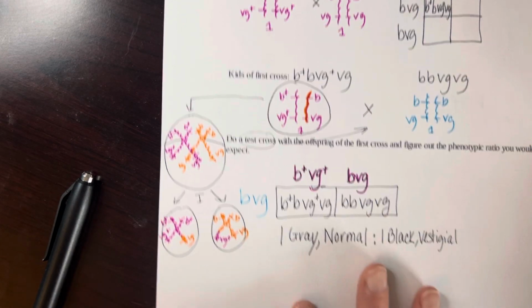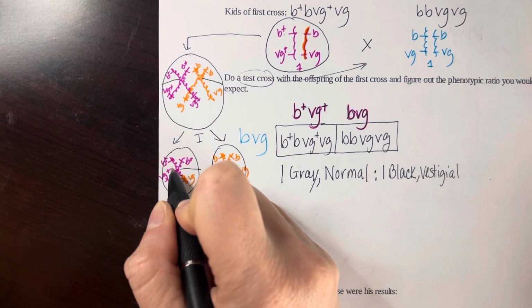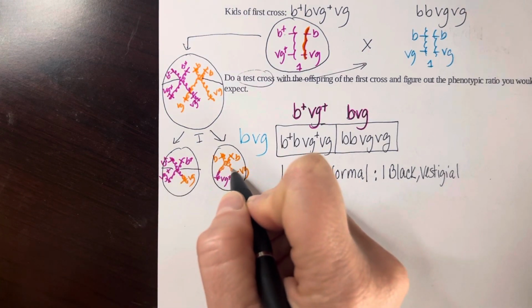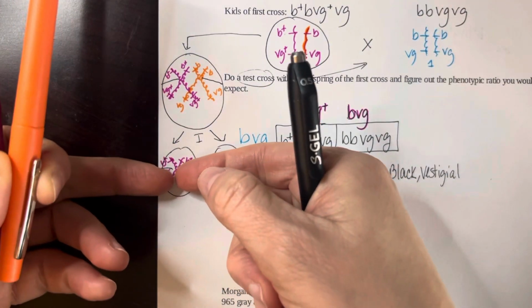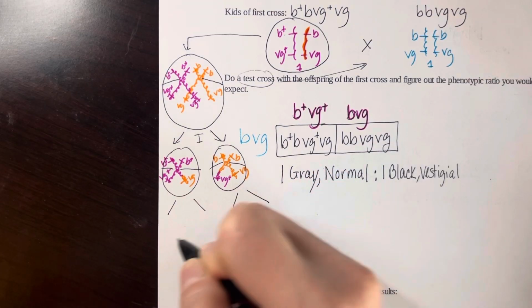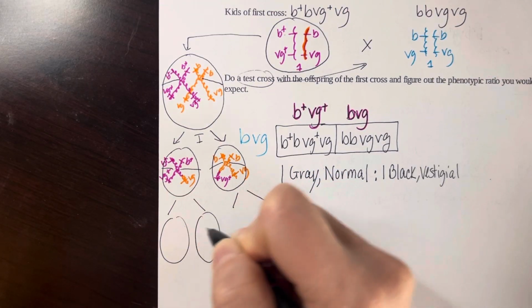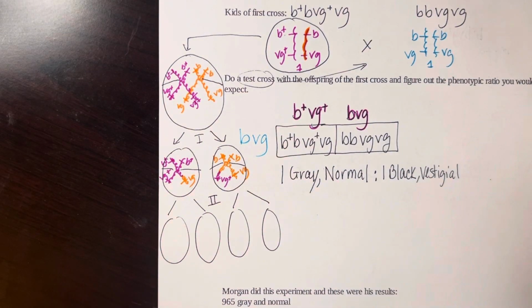Then let's fast forward through meiosis. The spindle fiber attaches to both sides, and meiosis 2 is going to pull the chromatids to opposite cells. So you end up with 4 cells. This is meiosis 2.